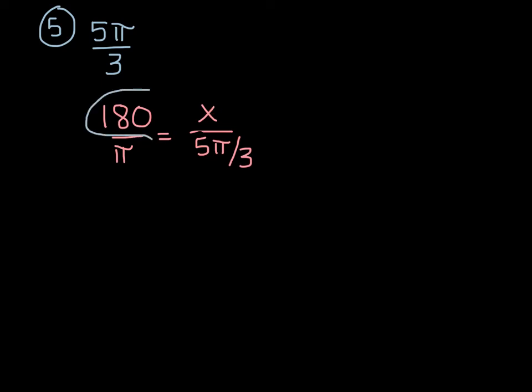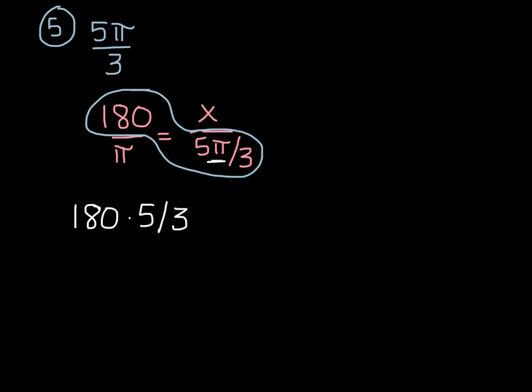Okay, when I multiply this, here's what I'm really typing into my calculator. 180 times 5 divided by 3. I'm not touching that pi at all. So 180 times 5 divided by 3. I believe I get, let's see, 300.